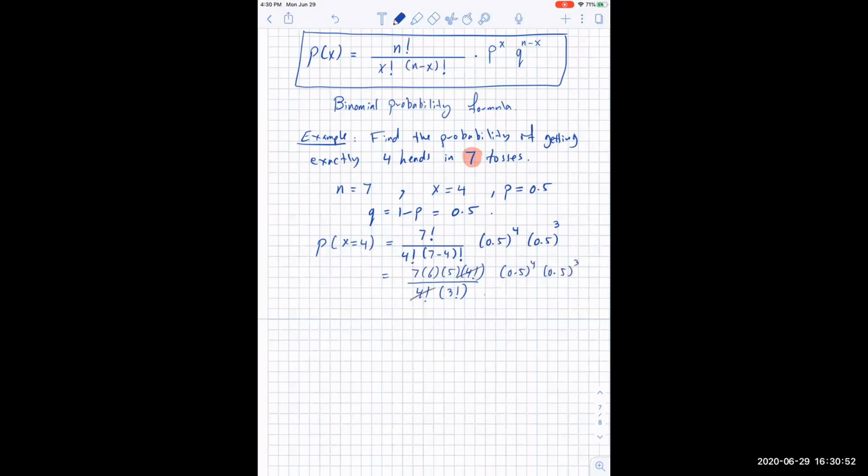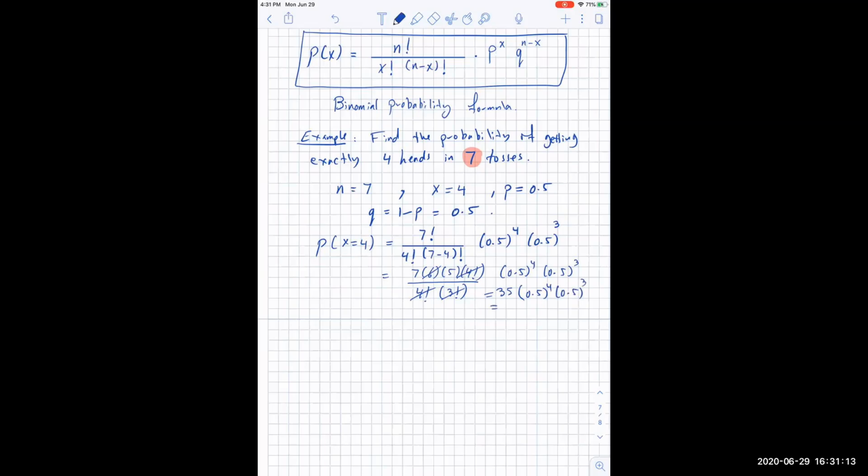Cancel these. Remember, the 3 factorial is 6. The 6 will cancel with the 6. So that's 35. And then 0.5 to the fourth times 0.5 to the third.